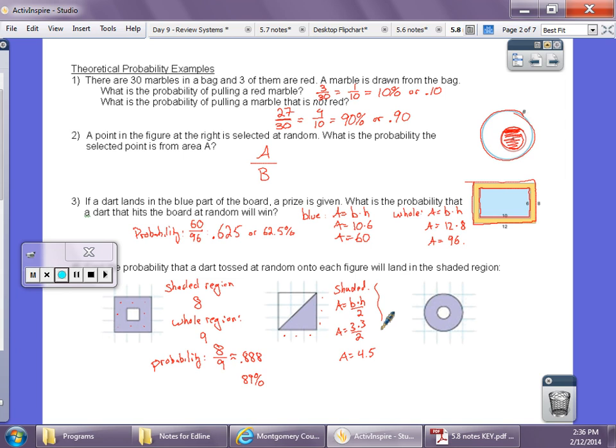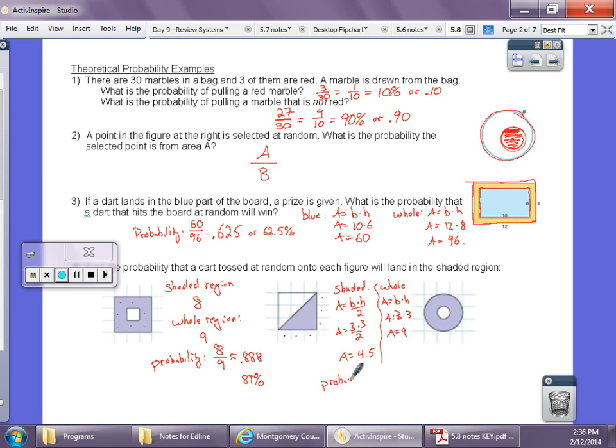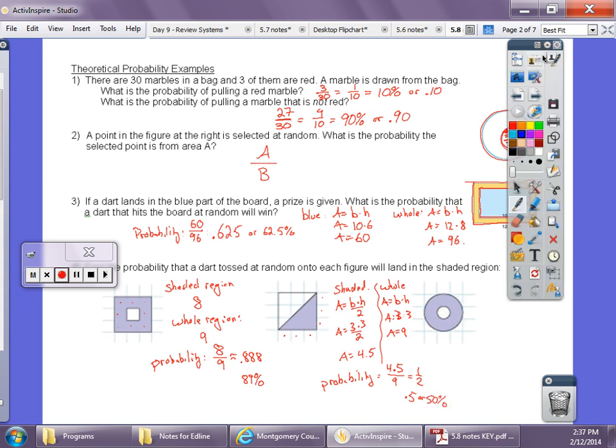And the whole region, area equals base times height, so the base is 3 times the height, which is 3, so the area equals 9. So the probability is the part, which is 4.5 over 9, which is a half, which is 0.5 or 50%.